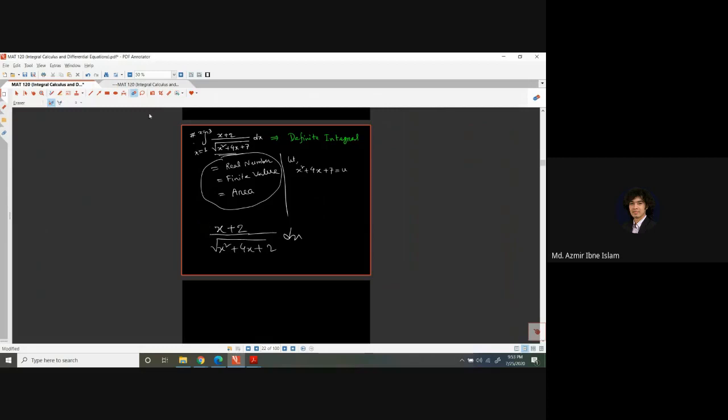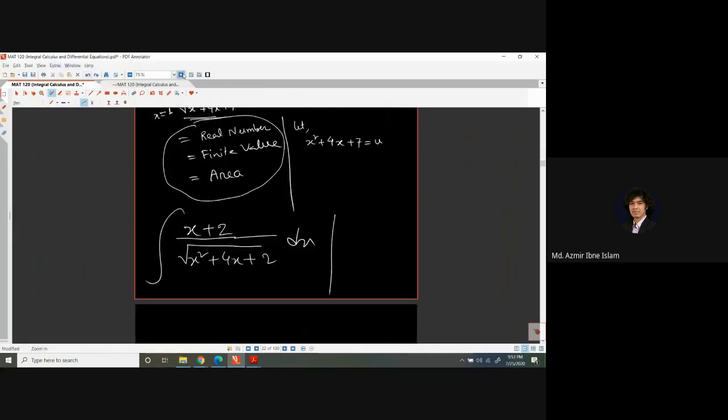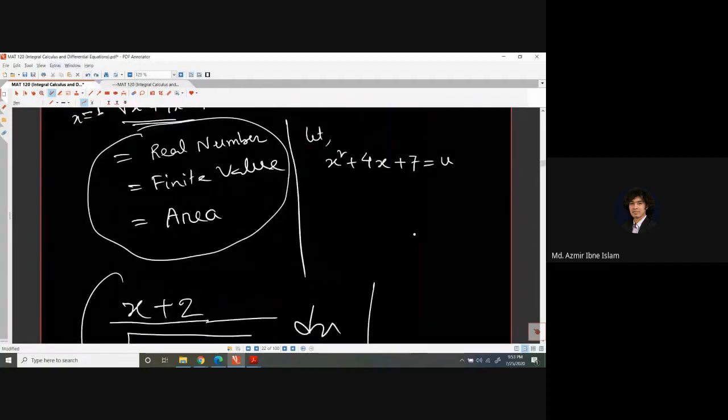At first we need to solve this one. So we have already taken x squared plus 4x plus 7 as u. Then the second step will be differentiation, because the U-Substitution method allows us to differentiate that function.